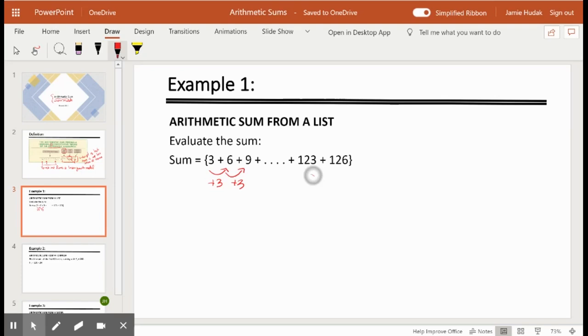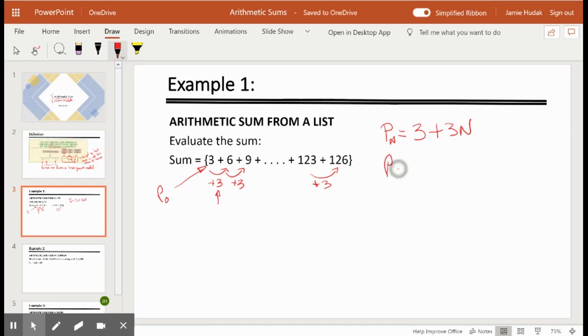And because every term is increasing by the same amount, we have a common difference, and the common difference is 3. That means that we can write the linear model for this. P sub n is equal to the initial population, which is 3, plus it's changing by 3 per term, so 3 plus 3n.